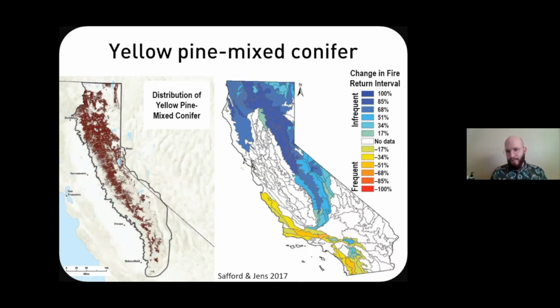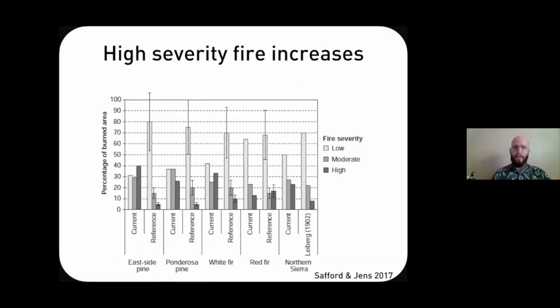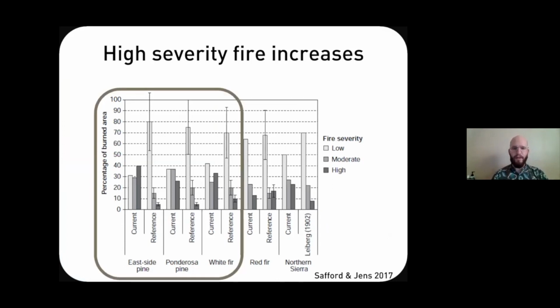And that might be surprising because we hear a lot about California burning in the news, especially this year. But there's other changes to the fire regime that are important. What also has changed is the amount of area that's burned in high severity. In this figure, in the brown square, these figures show how the yellow pine mixed conifer has changed from the reference to the current day.